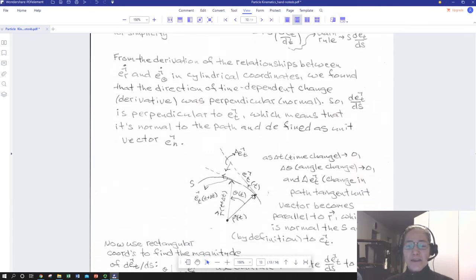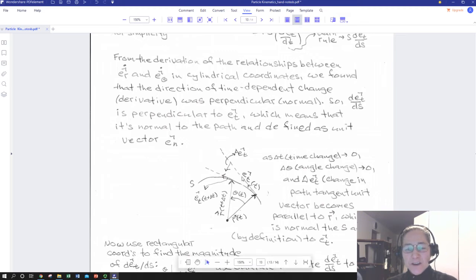So we do that the same way, looking at our different normal or radius vectors from that origin again, and looking at the tangent to that path at one time versus the tangent at another time. And then we're going to squeeze that ds together, and we're going to look at the difference here between the tangent vectors.